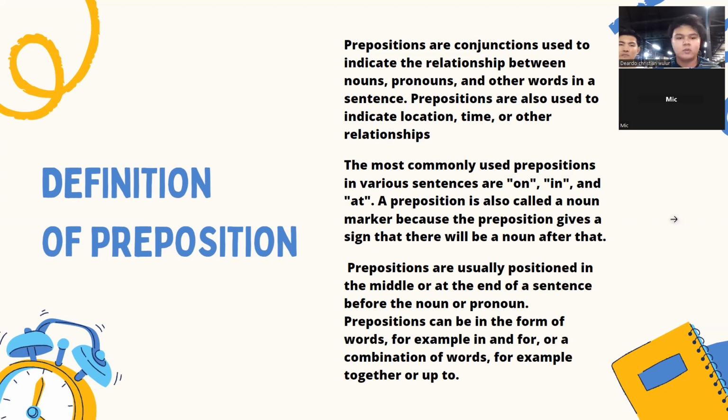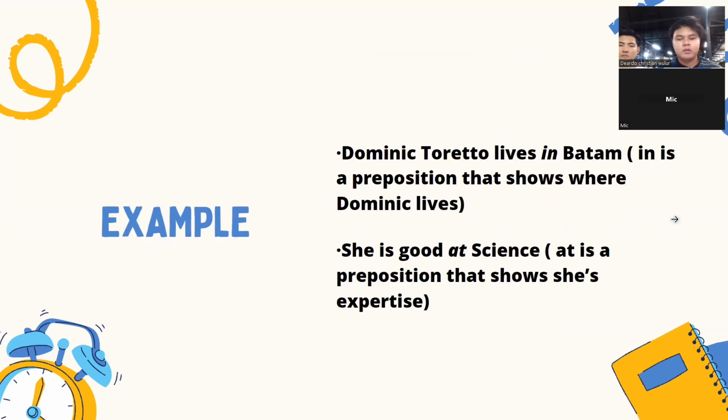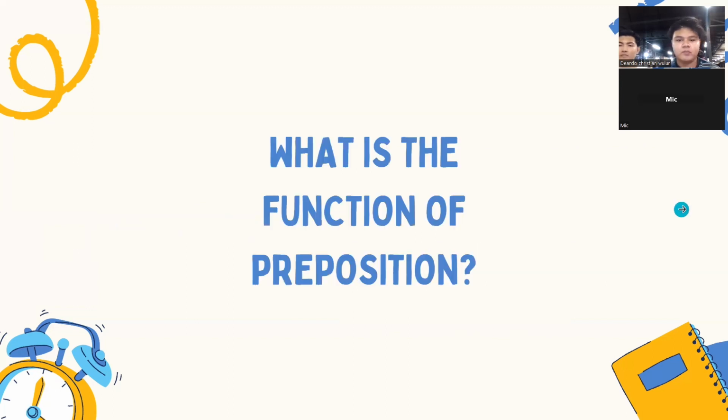So here is the example. Dominic Toretto lives in Batam. In is a preposition that shows where Dominic lives. Another example: she is good at science. At is a preposition that shows her expertise.